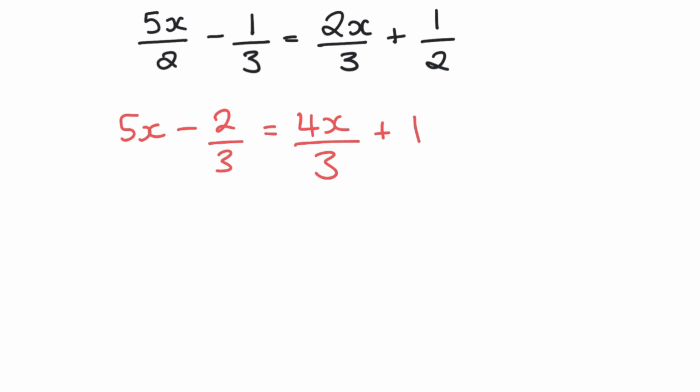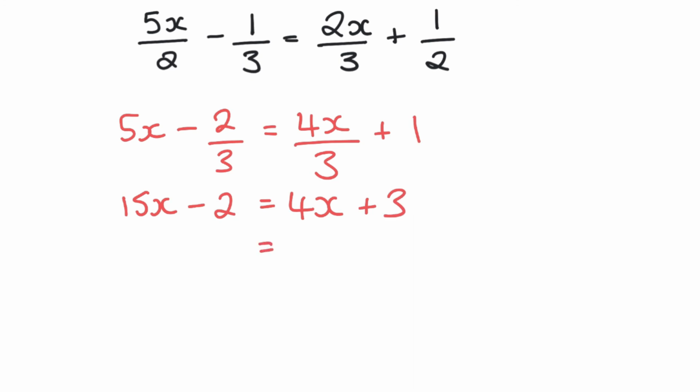So now I'm going to times all of the components by 3. So we've got 5x times 3 is 15x minus 2 divided by 3 times 3 is 2 is equal to 4x divided by 3 times by 3 is 4x and 1 times 3 is 3.